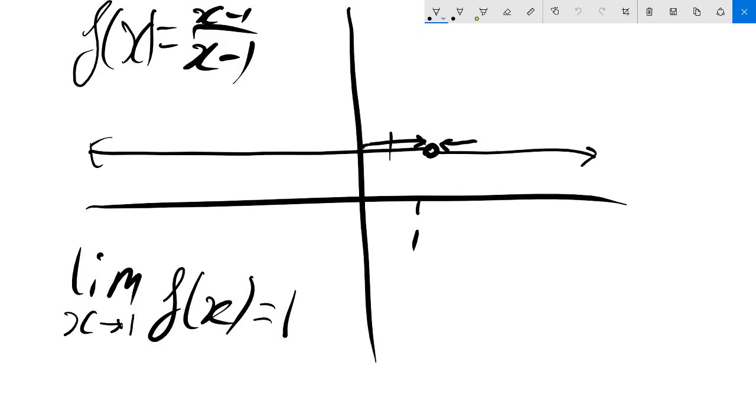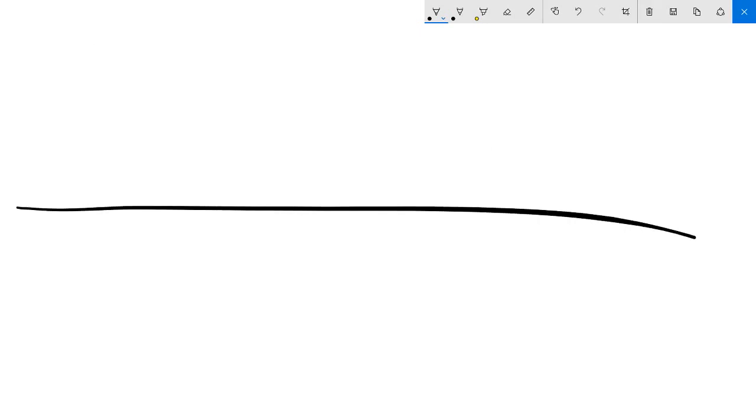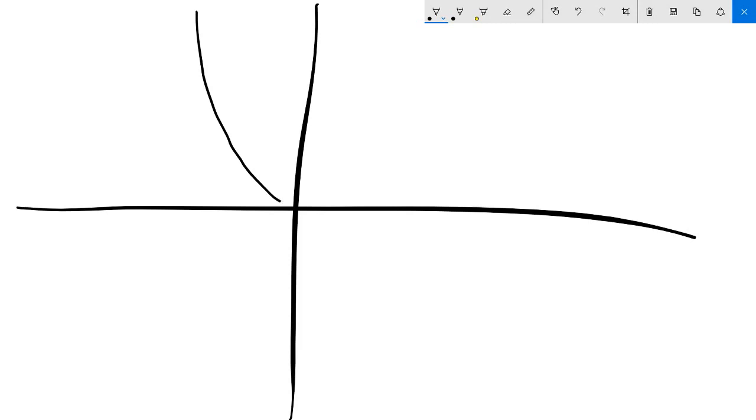So let's look at another example. Let's look at this graph and say that it's some sort of parabola, and that this point here is undefined for whatever reason. And let's say that point there is 2.